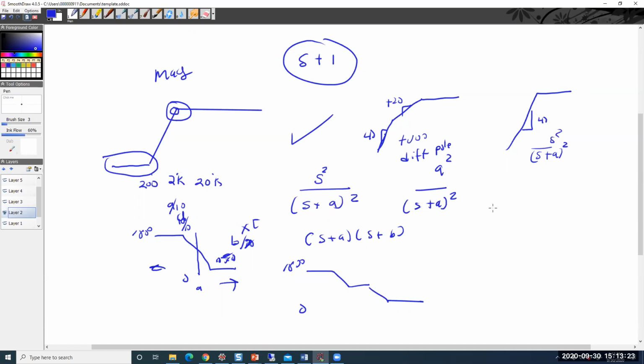For the low pass, it would be 40 if the pole were repeated. And then if you had two distinct poles, you would have something like that.